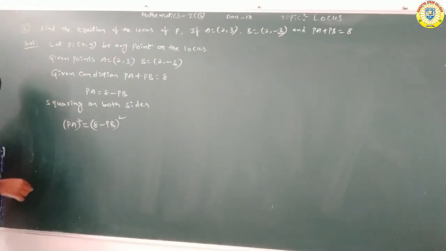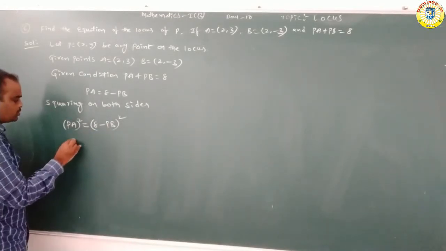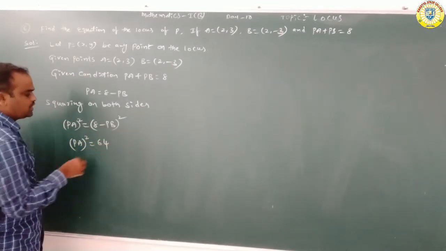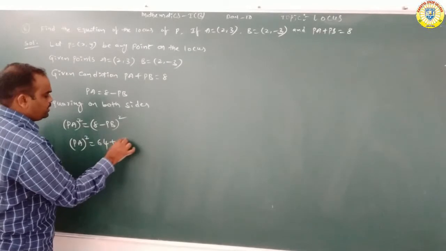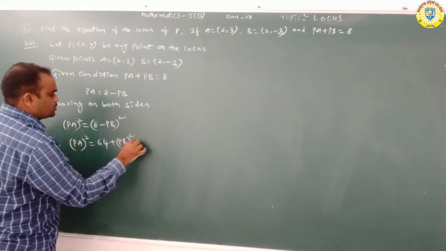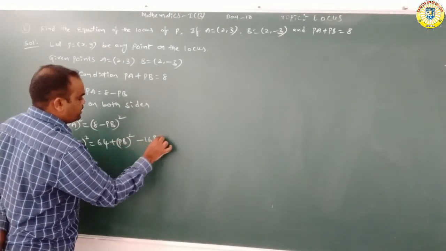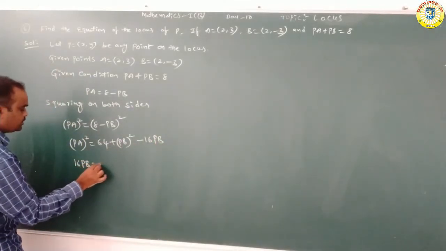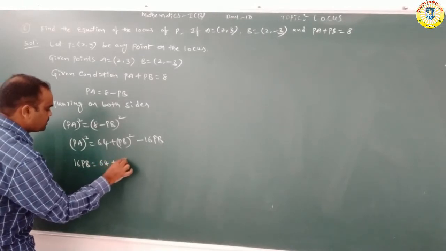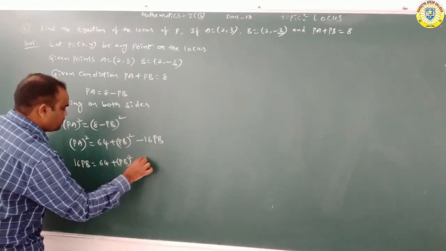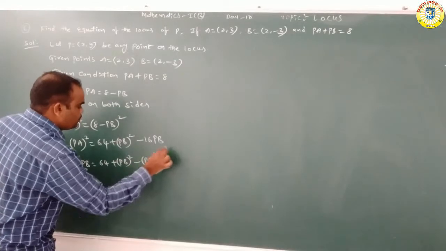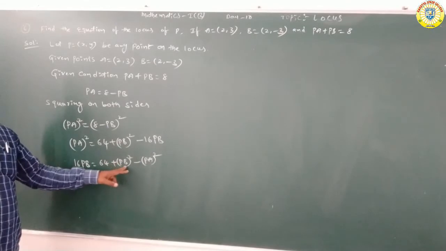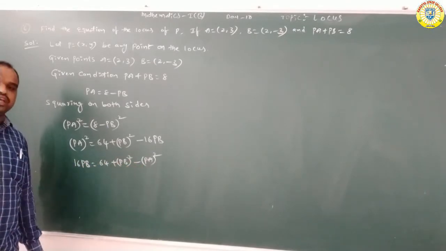That is PA whole square is equal to 8 square, 64, plus PB whole square, minus 2 into 8, which is 16 PB. So we can write 16 PB is equal to 64 + PB whole square - PA whole square.